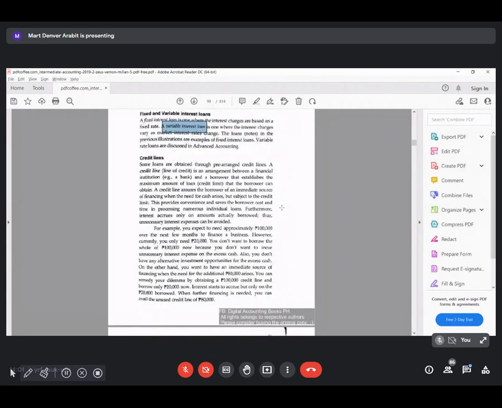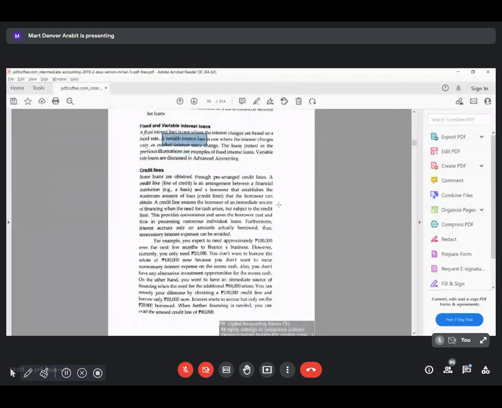Okay? So, next is credit lines. So, for credit lines, ito naman yung ibinibigay ng bangko, or basahin natin. Some loans are obtained through pre-arranged credit lines. So, a credit line is arrangement between financial institutions, which is obviously a bank, and the borrower that establishes the maximum amount of loan or the credit limit that the borrower can obtain.